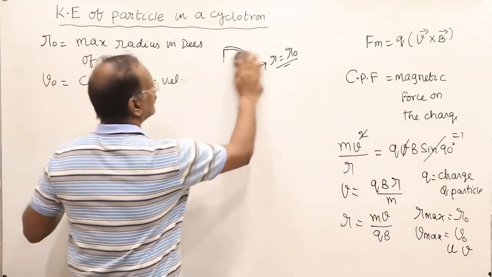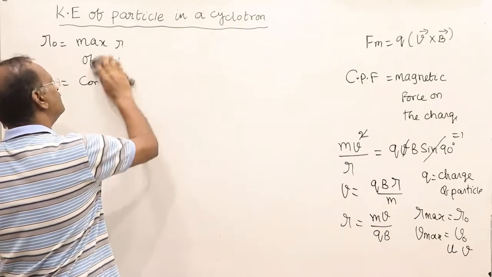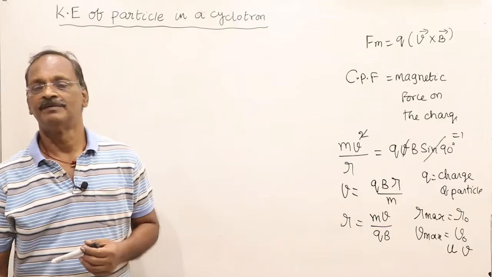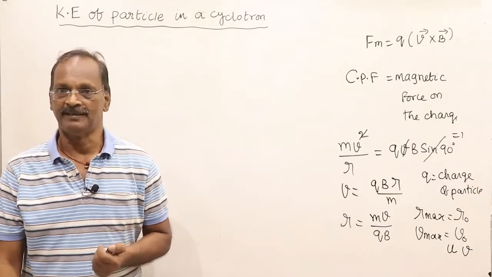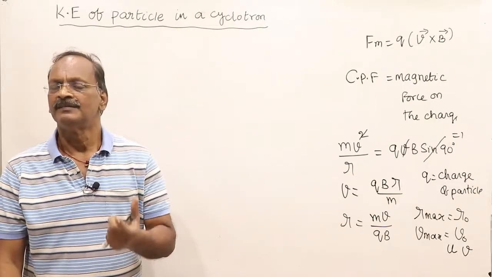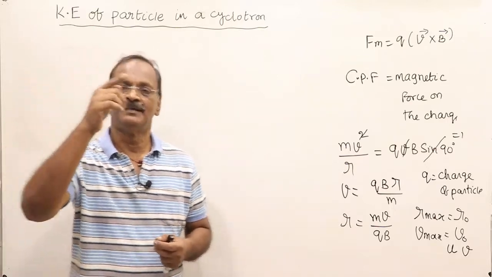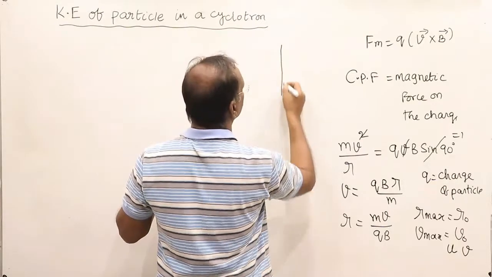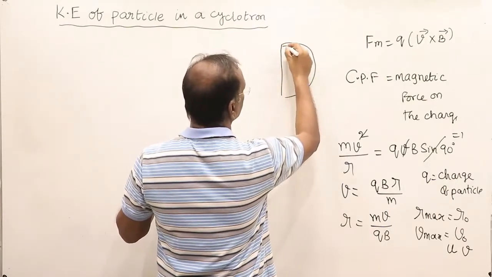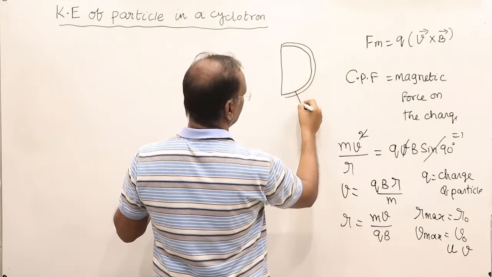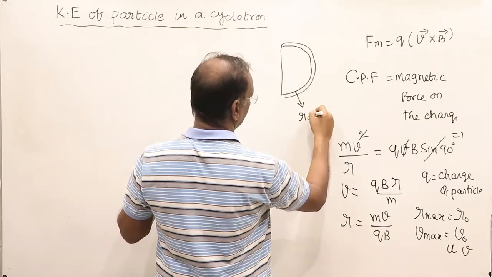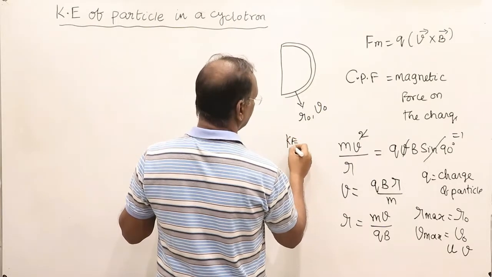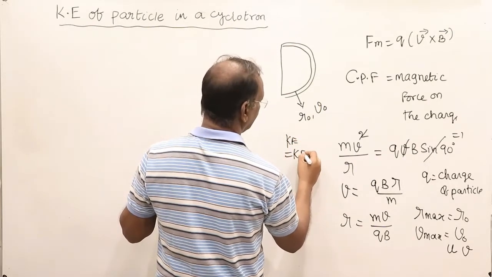Therefore now we have to calculate the maximum kinetic energy obtained. The maximum kinetic energy obtained by the particle is when the particle is reaching its periphery. The particle moving like this at its periphery has radius equal to R naught and velocity V naught, and the kinetic energy will be the maximum kinetic energy.